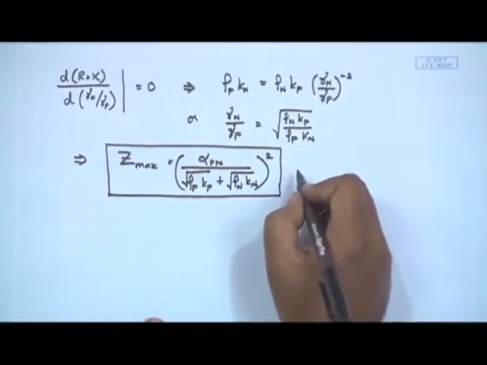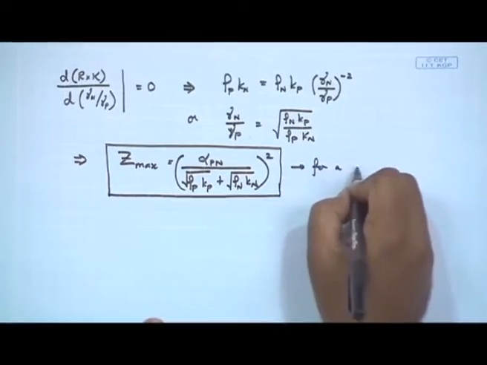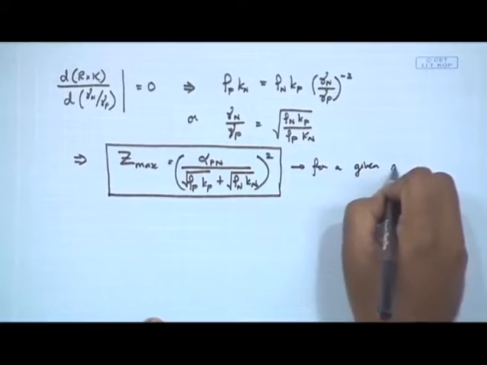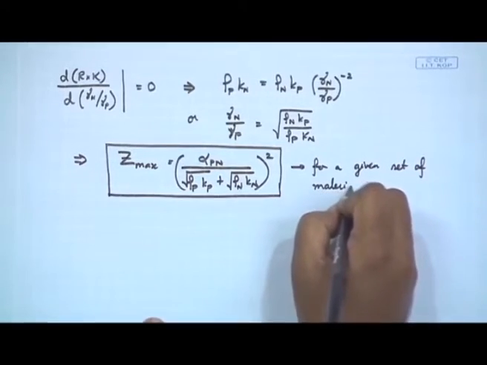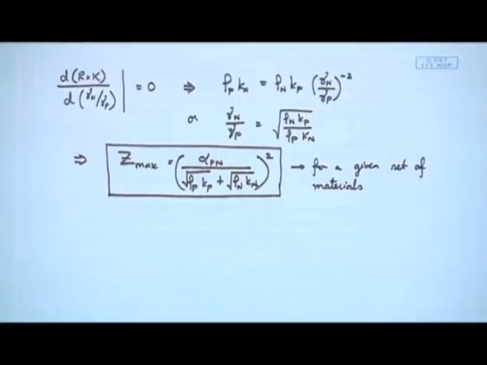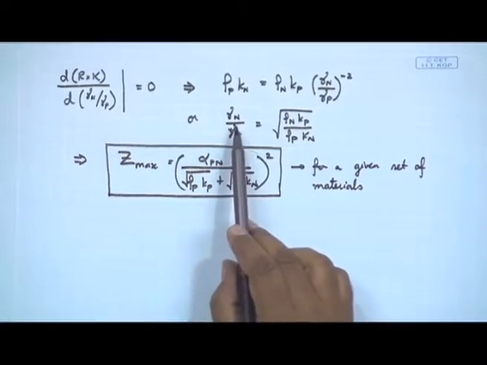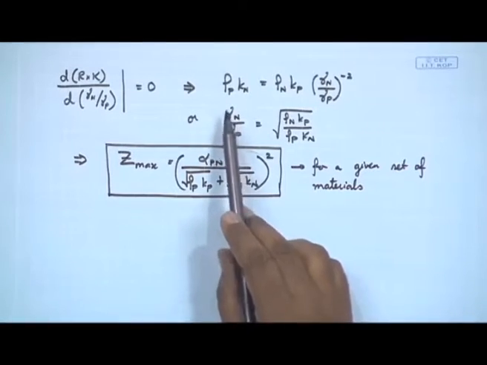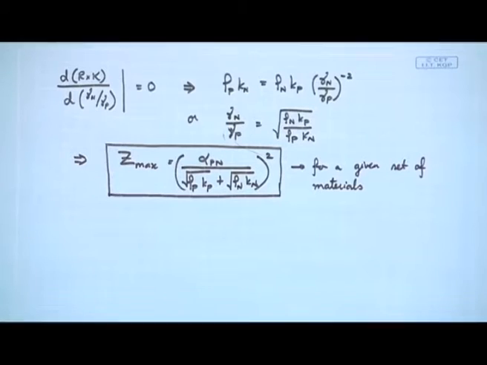So, this is for a given set of materials. For a given set of materials, I can play around with the geometric parameters, and if I choose the length and area such that this expression is satisfied, I get the Z max for that set of materials.